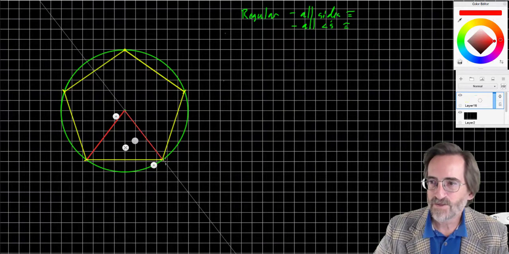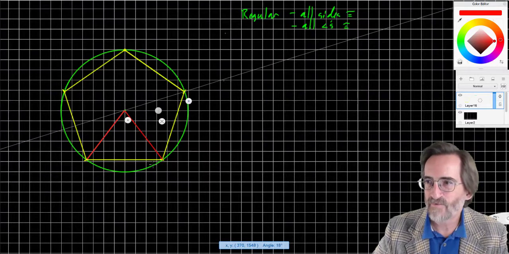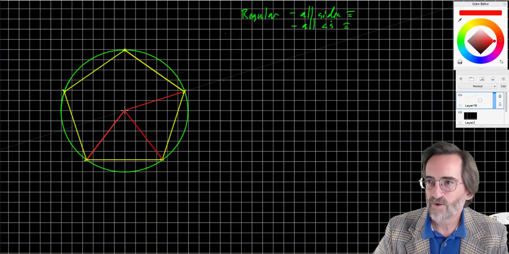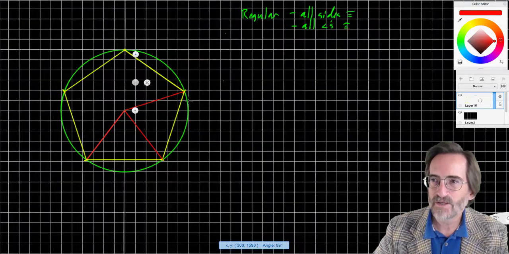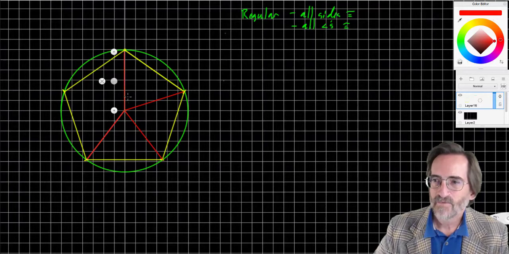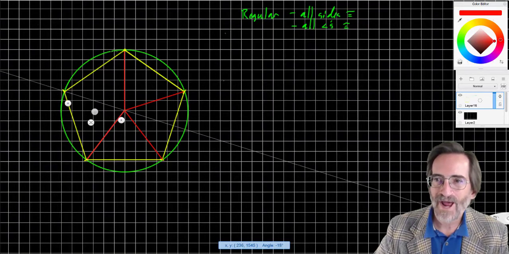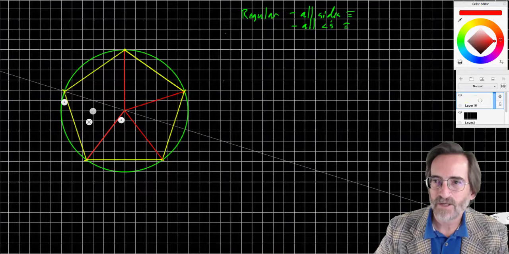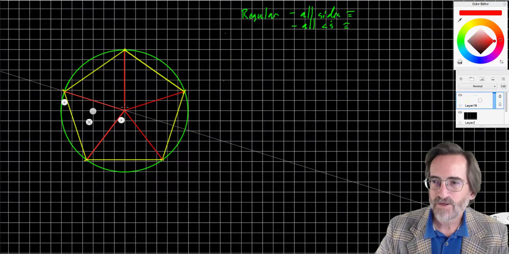Now it just so happens I drew this circle to have a radius of 6. So that is what I'm going to work with here. Sometimes you're told the radius, sometimes you're told the side length, sometimes you're told the apothem, and that's a word I'm going to get to in a moment. But these are all radii.